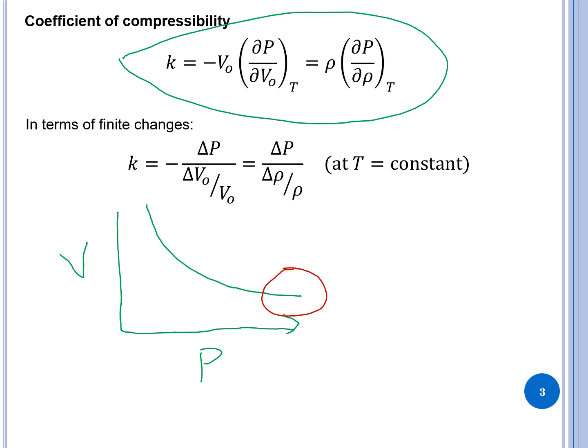As you know, the slope is basically dy over dx in differential form.